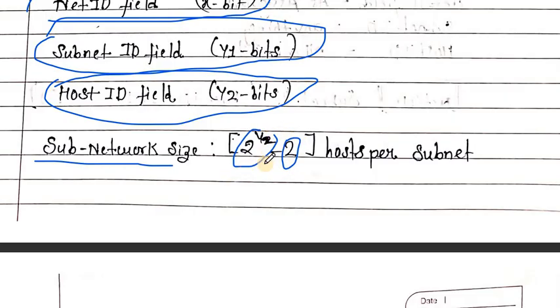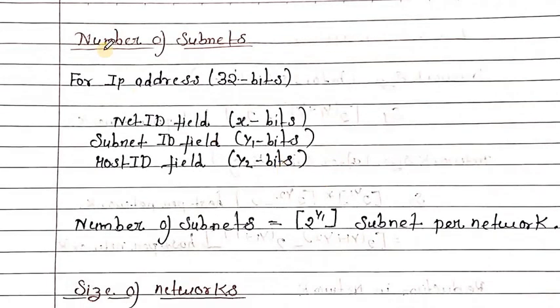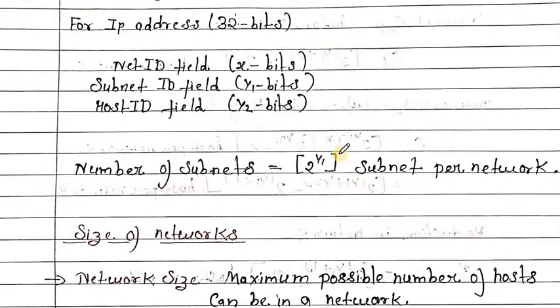Because the starting and ending IP addresses are special, so we can't use them. So from 2 to the power Y2 we subtract 2 IP addresses. The number of subnets: we created subnets from Y1 bits, so the number of subnets is 2 to the power Y1.